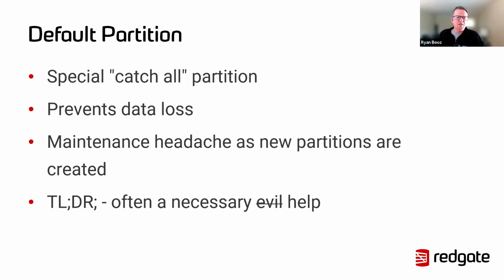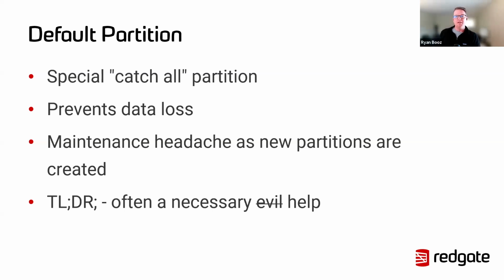Well, since declarative partitioning will not create the partition for you, it has to exist. If you ever run into that, and you just want to fail safe, you can create this default partition. Essentially, the default partition ends up having a constraint that is not equal to the other constraints. And so anything that comes in that does not equal the others will match a constraint outside of all those ranges or lists or what have you for that one partition. And at least you can save the data.